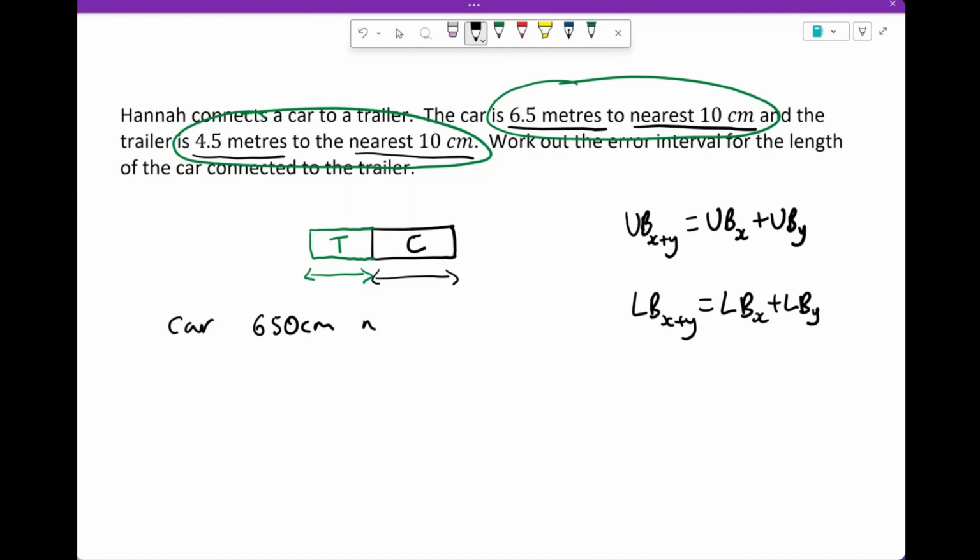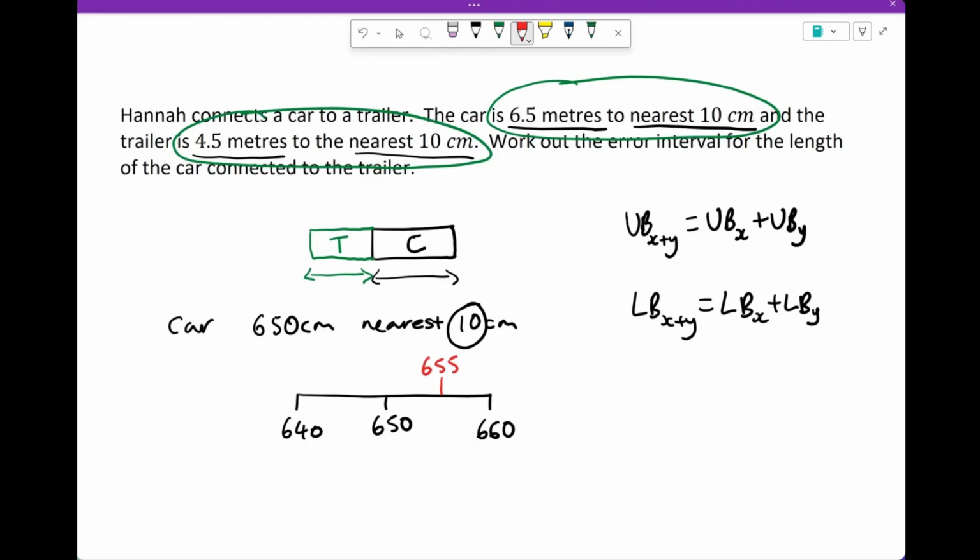And then we're doing the nearest 10 centimeters. So I'm going to draw my number line because this is rounding, it's not truncating. And I'm going to put the 650 in the middle. And then our degree of accuracy is 10, so we're going to add 10 to get 660, subtract 10 to get 640. And then we can write out my upper and lower bound. So my upper bound is going to be 655, and then my lower bound is going to be 645.